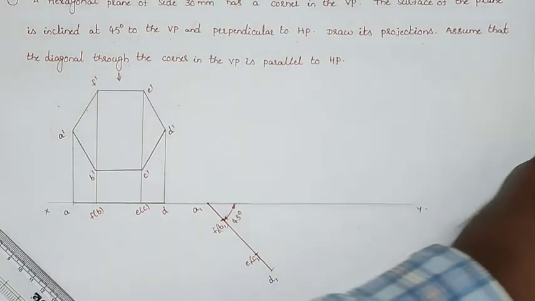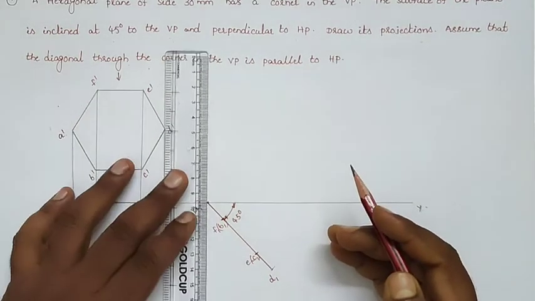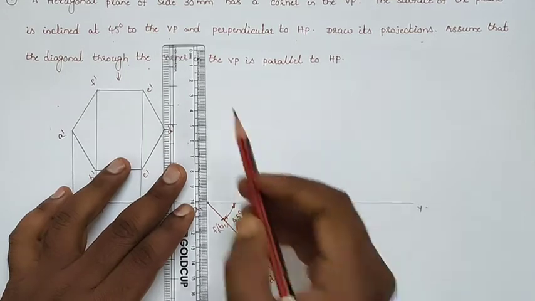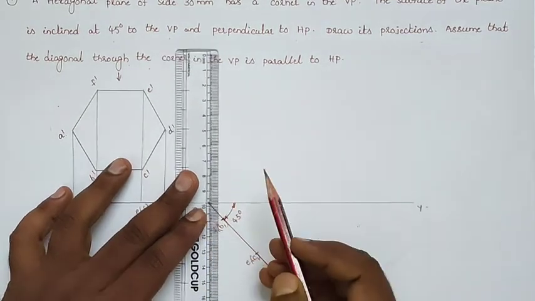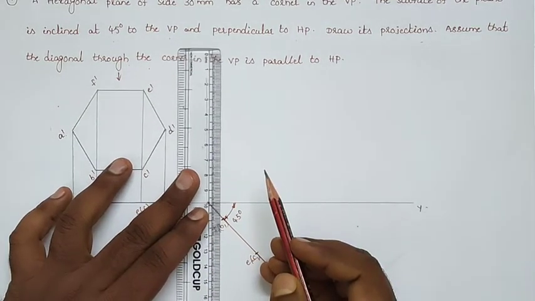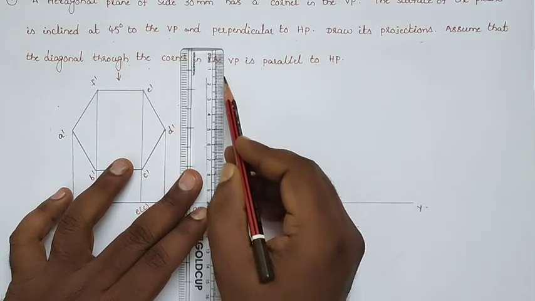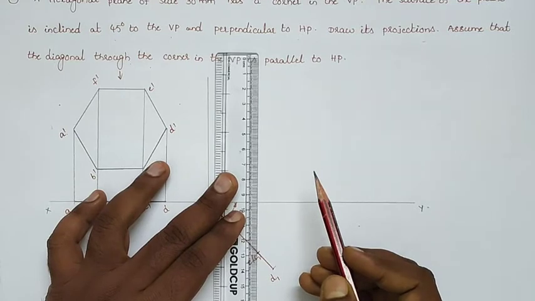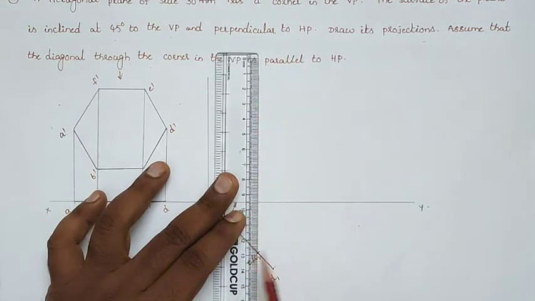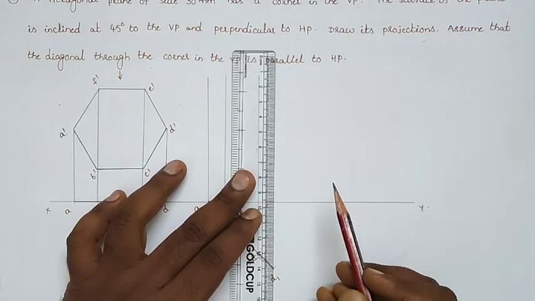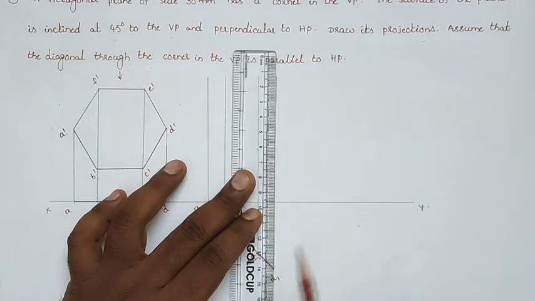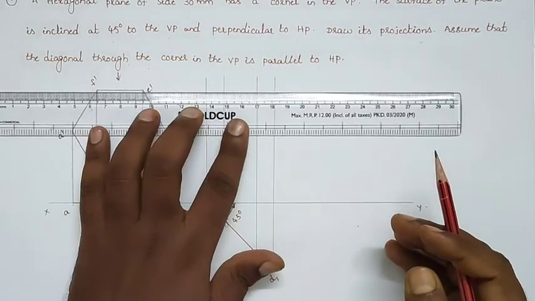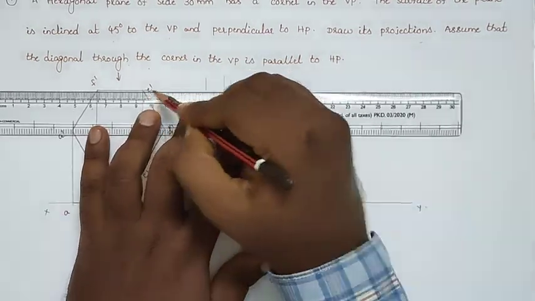Now from the second top view, draw the vertical projection lines, and from the first front view, draw the horizontal projection lines.